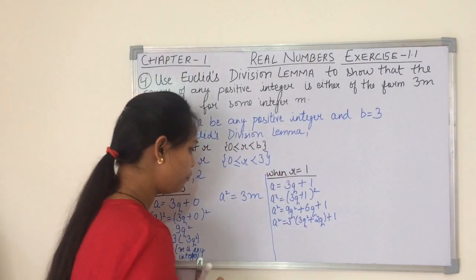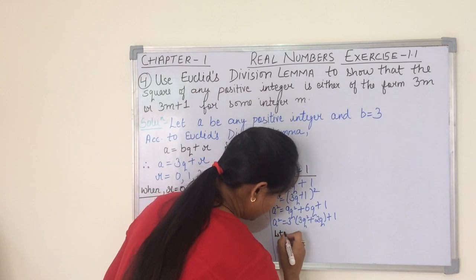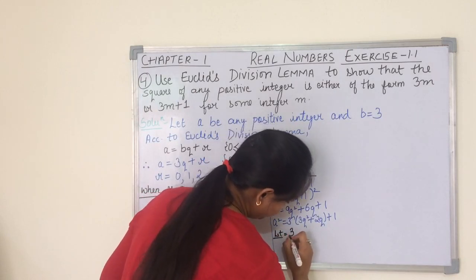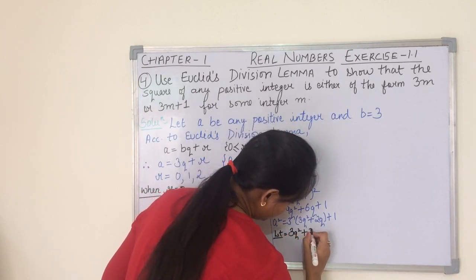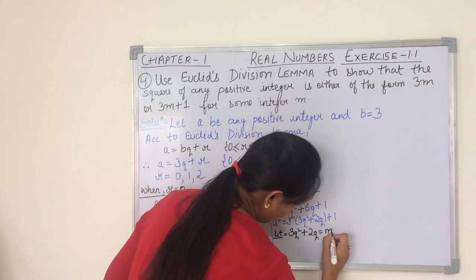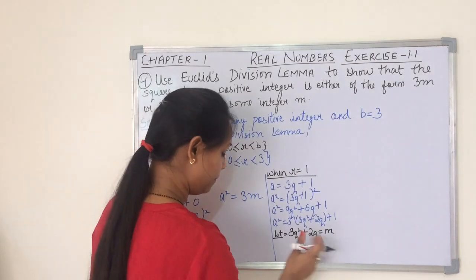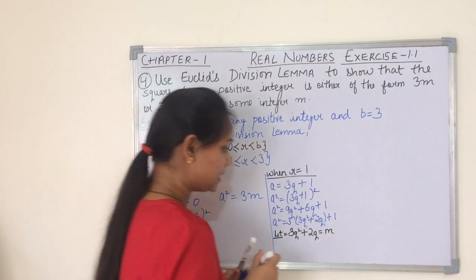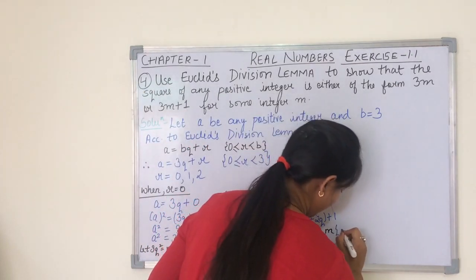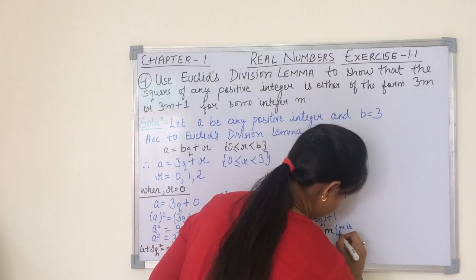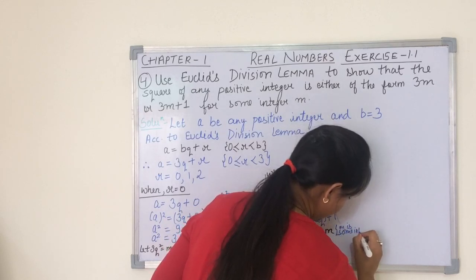Let's move forward. Let's take the value of 3q square plus 2q equal to m. Let us assume the whole value inside the bracket as m, where m is some integer.